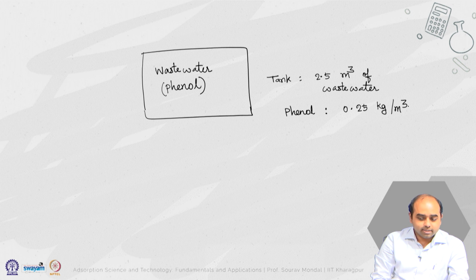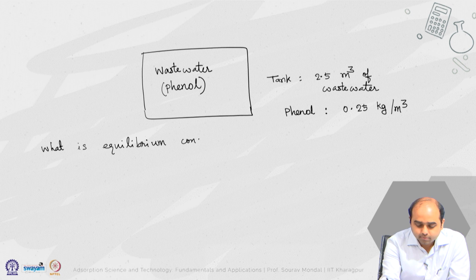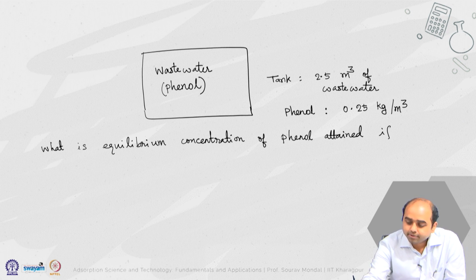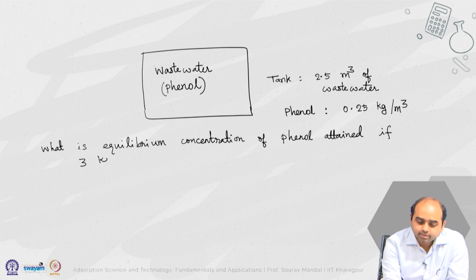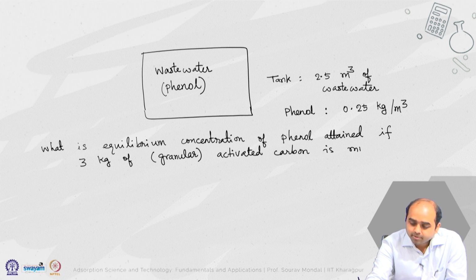So the question stands as: what is the equilibrium concentration of phenol attained if, let us say, 3 kg of activated carbon is mixed into the solution?